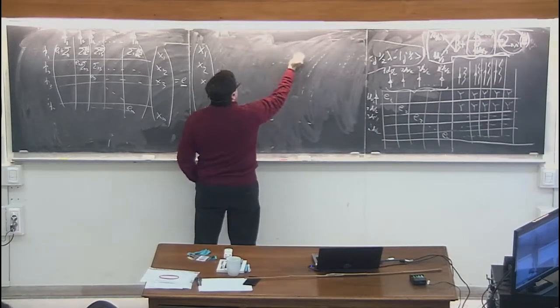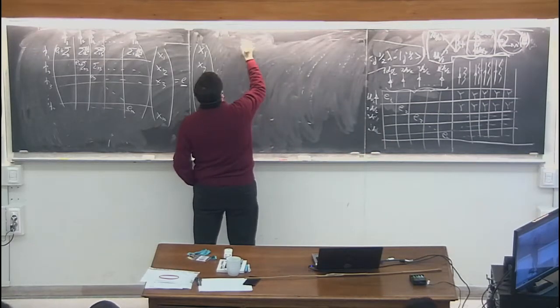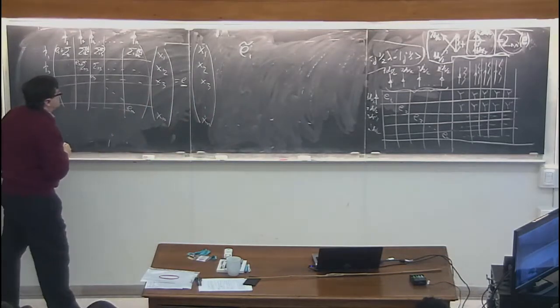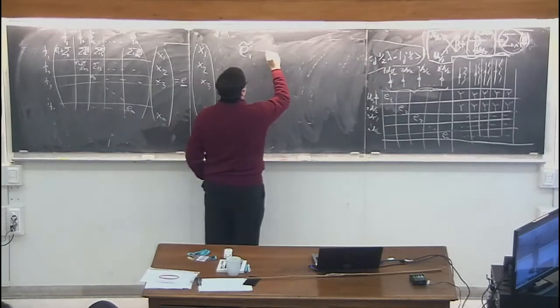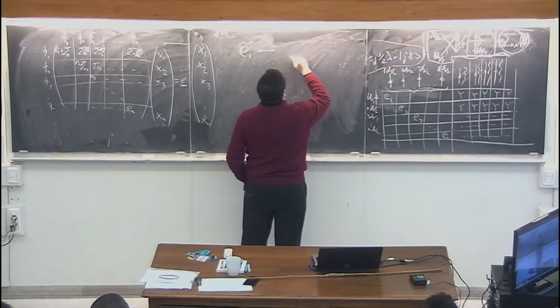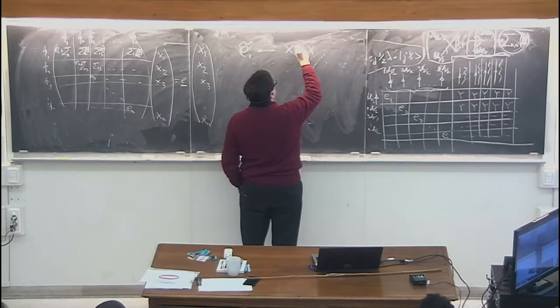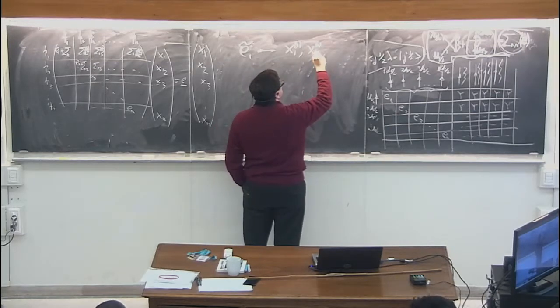Okay, so suppose that we look at the first one. This will have an associated eigenvector, the one of the first eigenvalue.